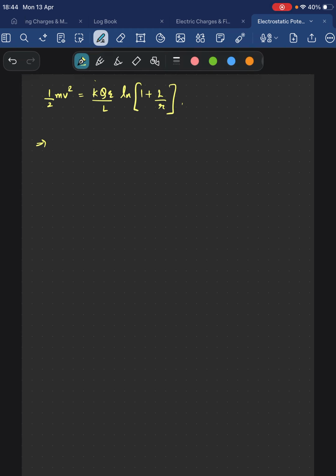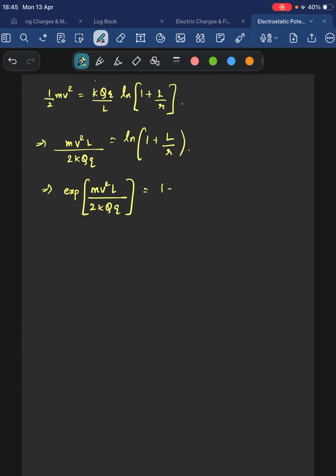So this becomes mv squared L by 2kqQ is equal to log of 1 plus L by R. Then let me take the exponential on both sides. So this becomes exponential of mv squared L by 2kqQ is equal to 1 plus L by R. So L by R will become equal to exponential of mv squared L by 2kqQ minus 1.